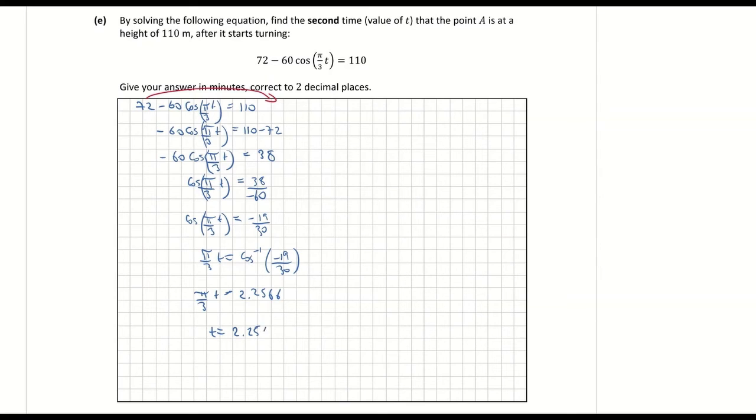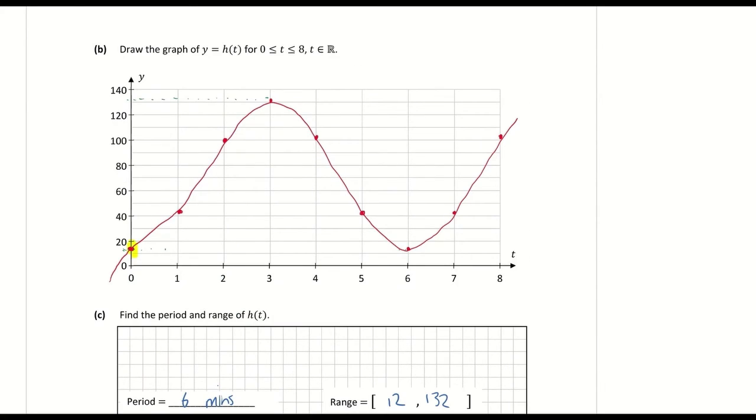So 2.2566 divided by pi over 3 gets me a value of t of 2.15 minutes. And if you come back up to your sketch in part B, look at 2.15 and it's 110 meters. So 110 meters is roughly here, which looks about right.